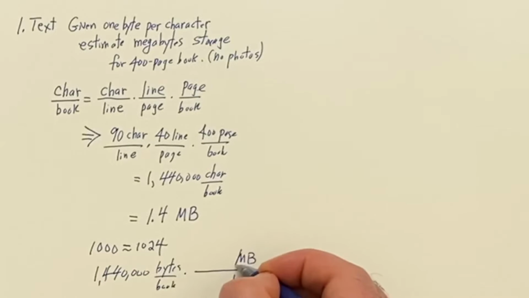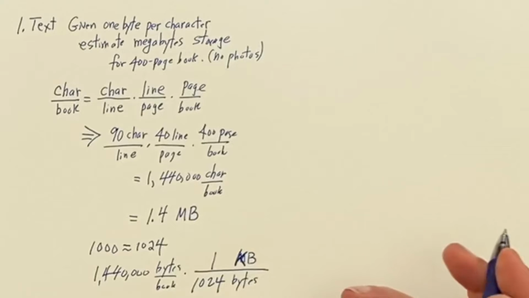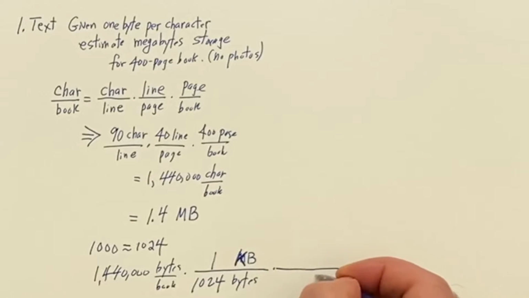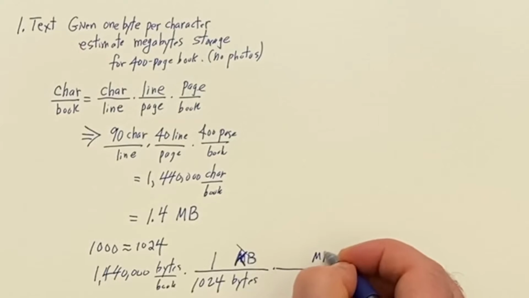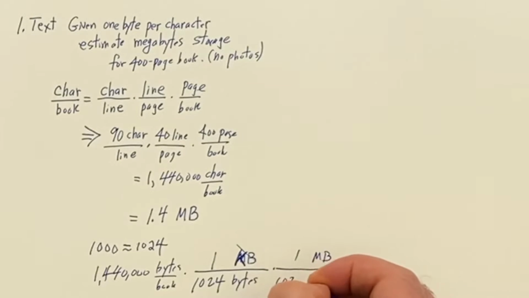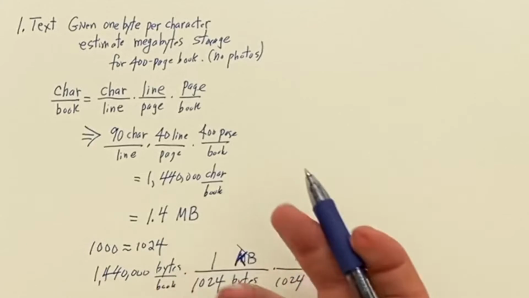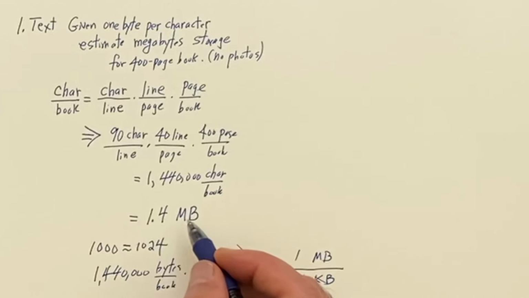You could say, well, suppose I did kilobytes first, all right? Then 1 kilobyte would be 1024 bytes. And then if I want to get rid of the kilobytes, see how I put the kilobytes down there so you cancel, and then I have megabytes, and then I have 1 over 1024. So if you want, you could do that, but you'll still get to like two significant figures. You pretty much get the same thing, so not going to worry about it. So it'd be 1.4 megabytes.